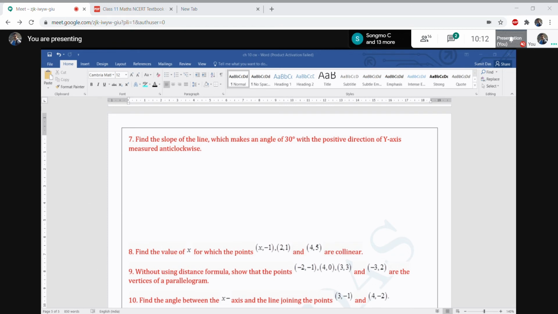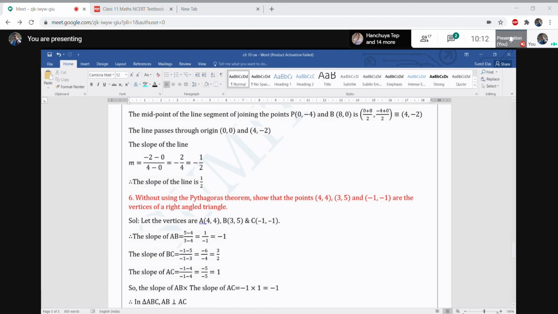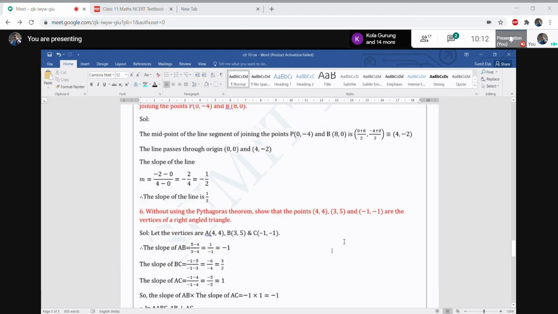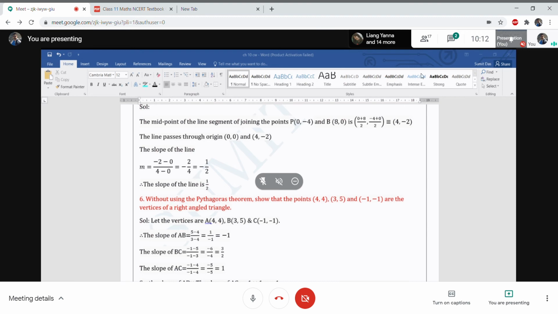Wait for a minute. At this time, you can revise these two questions again. Okay, I'm drawing the diagram for this.